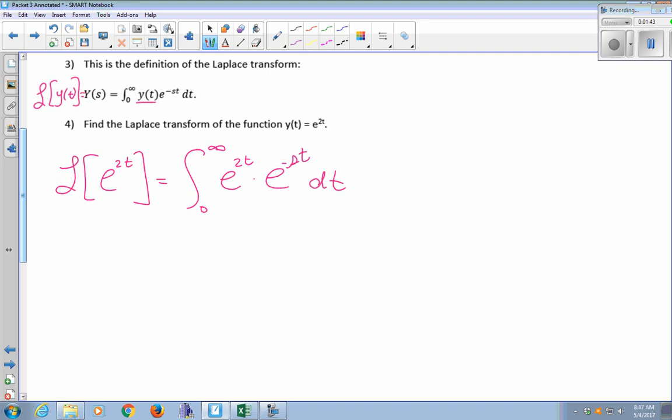I'm multiplying like bases there, so I can add those exponents. So this is the integral from 0 to infinity of e to the (2 minus s)t dt.